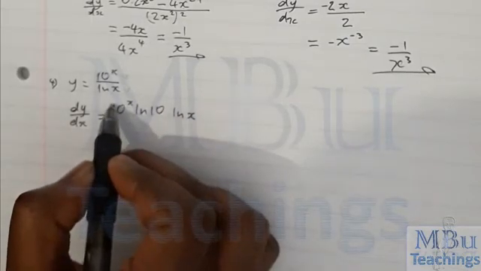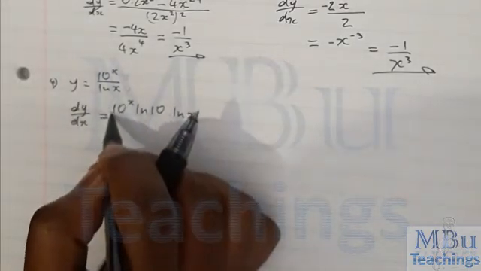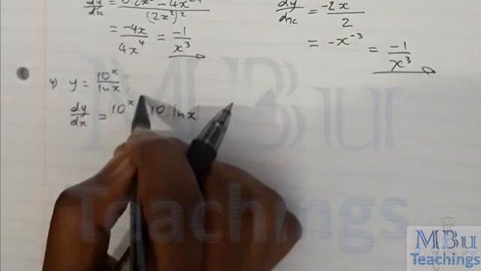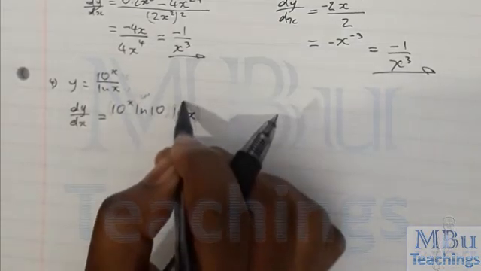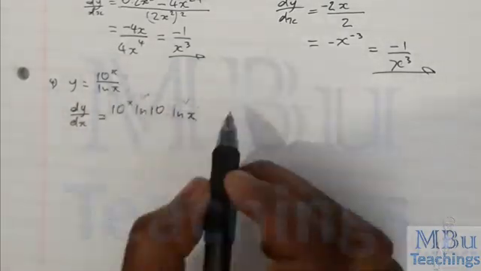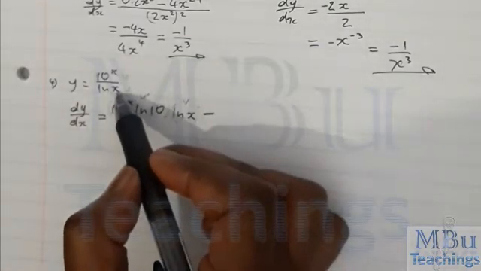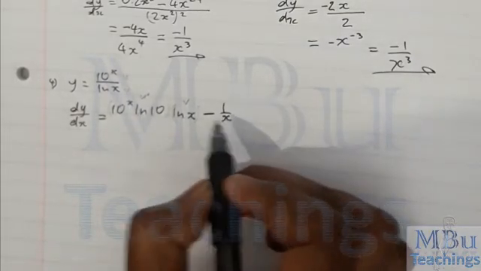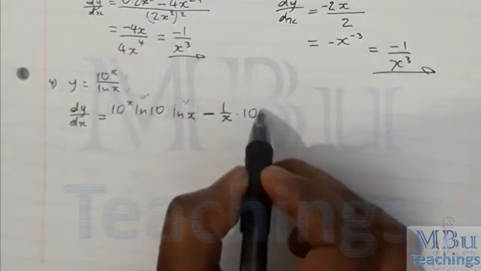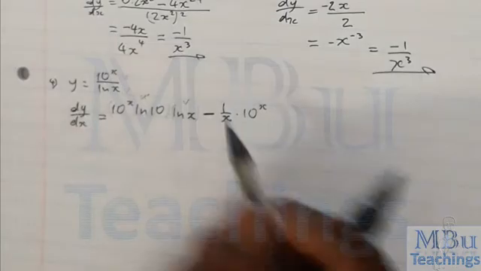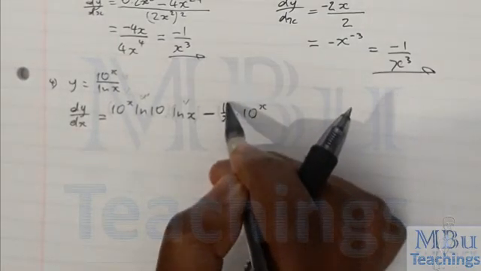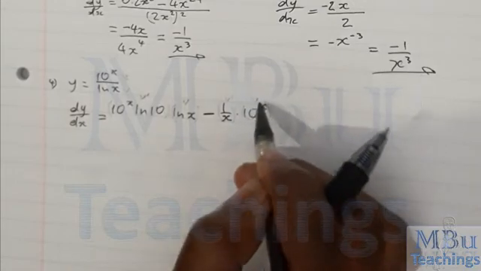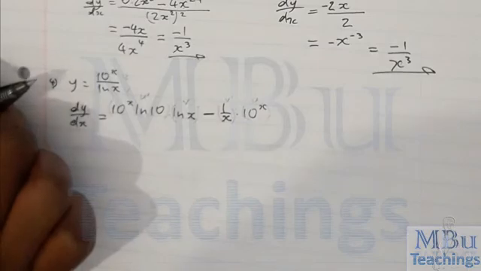The derivative of u, let me put brackets, but I'll use a pencil so that you can see where it goes. This is the derivative of u, that means this is u prime, this is v. Now I'll derive v. The derivative of v is 1 over x times 10 raised by x. Now again, I'll put in bracket, this is v prime, whereas this is just u, because this time we didn't derive u.